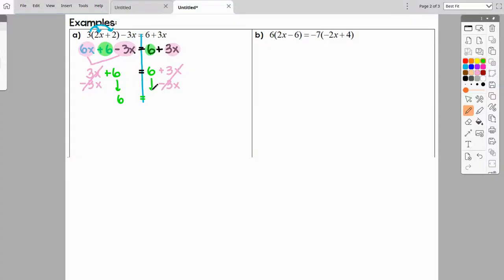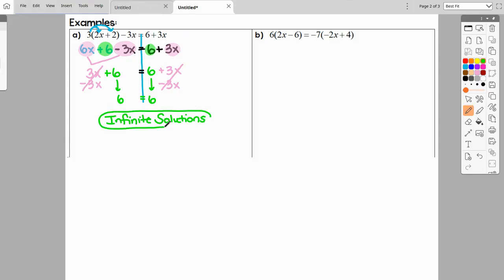I bring down the 6 that I didn't do anything with on that side. Remember, when the same number equals the same number, that has to be your infinite solution case. That's what I write, and that's my answer.